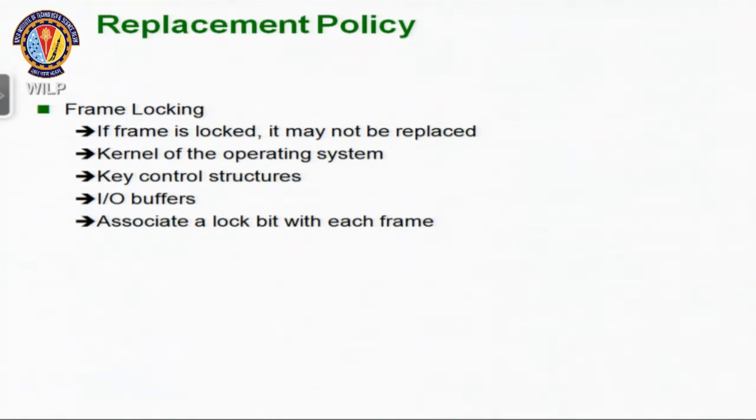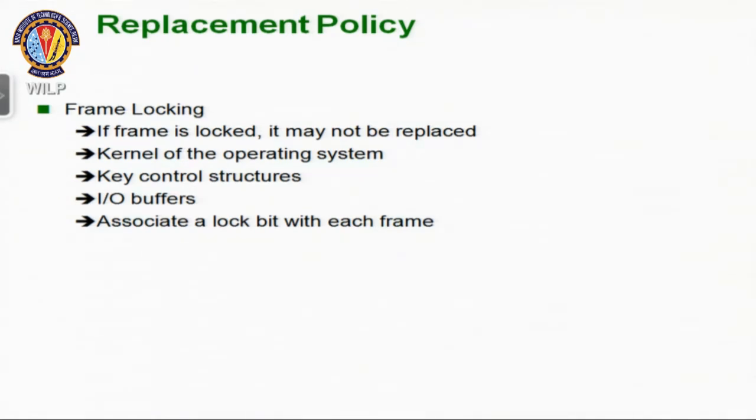An example would be the IO buffers, where let's say some IO operation is taking place in which data from a hard disk to the memory is being transferred. If that is happening, then we should lock the frame so that it accidentally doesn't get replaced.